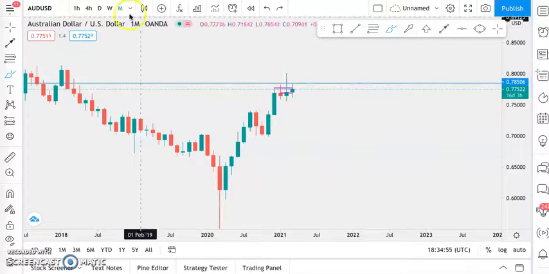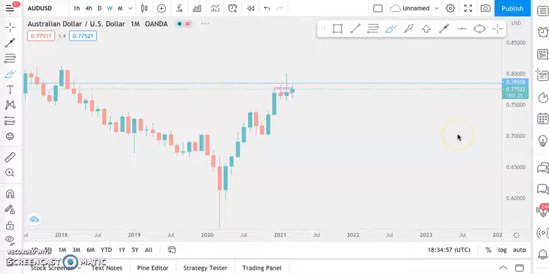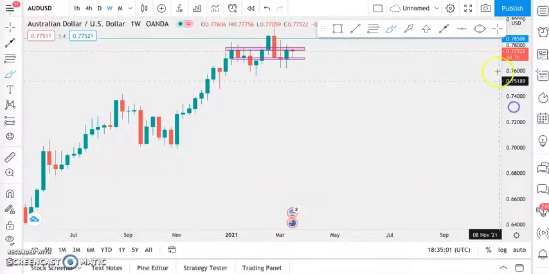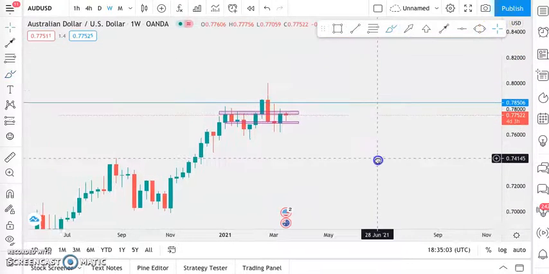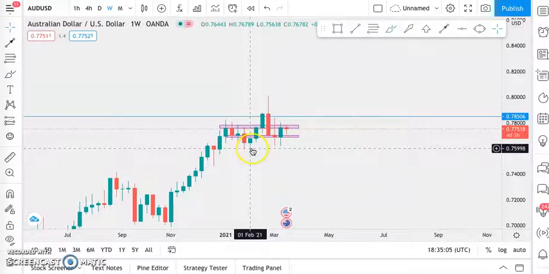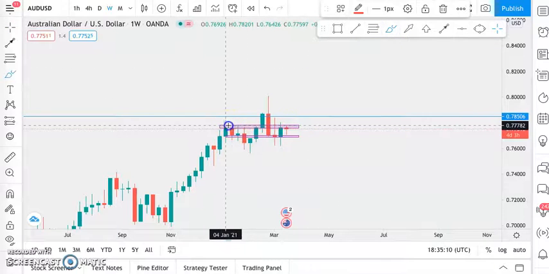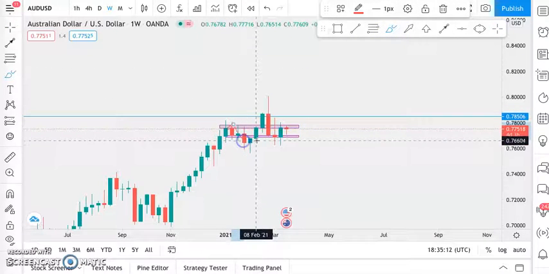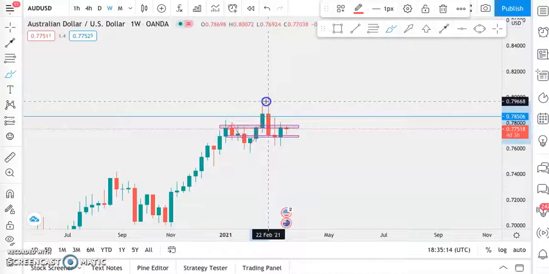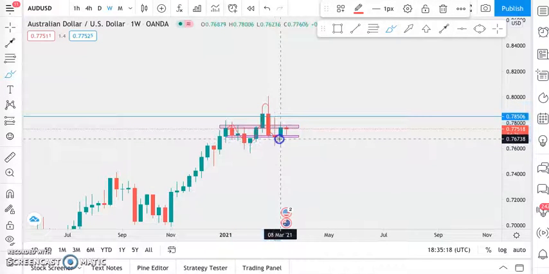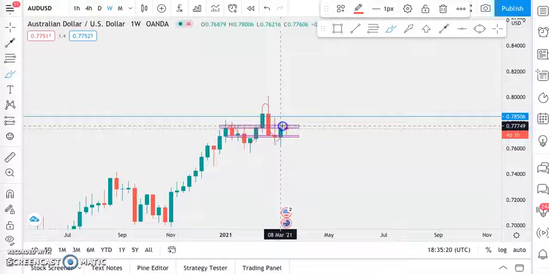Going down into the weekly time frame, what do we have? From a weekly perspective, what we can see is that price broke this area, acted as a resistance, and then price broke to the upside, creating this fake breakout back to the downside, and then going back again to this area.